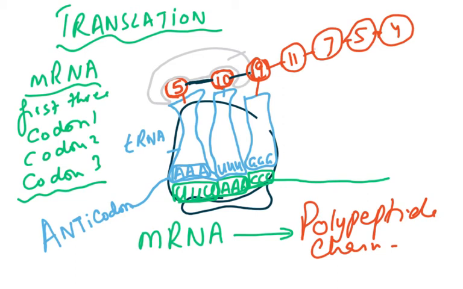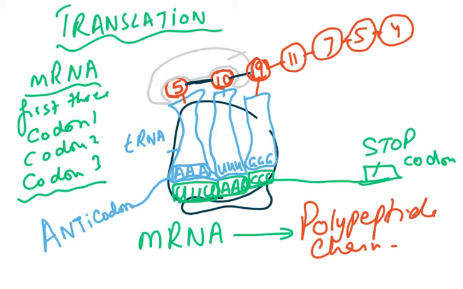So more and more amino acids will be added to this polypeptide chain, and then there will be a stop codon, and that of course would end the protein molecule and no more amino acids would be added to it. So this is a brief video on how transcription and translation is going to take place.